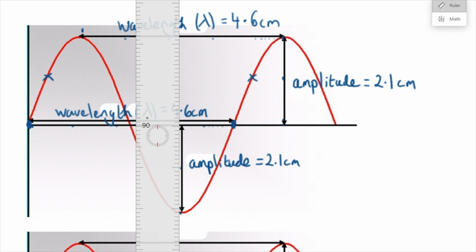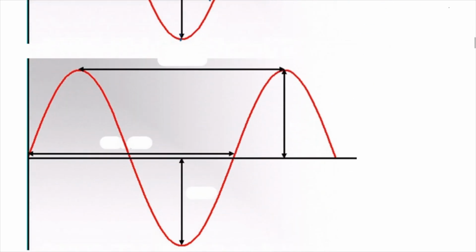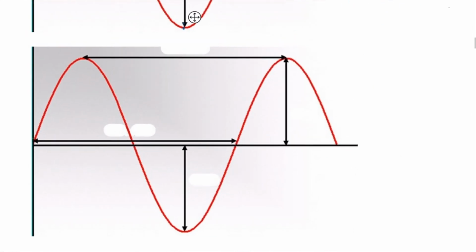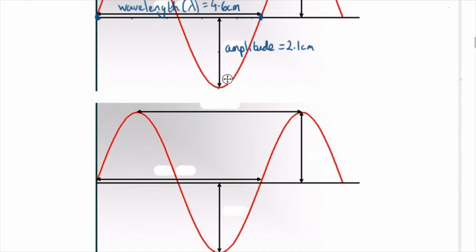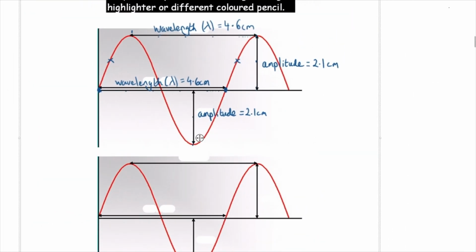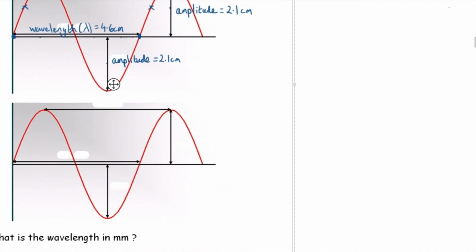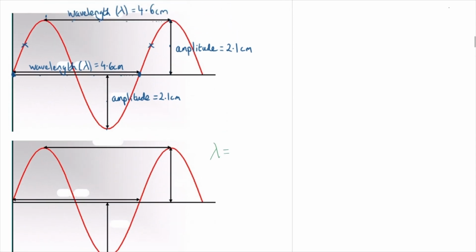What I'd like you to do now is, in the second diagram, draw a wave with a wavelength of, and I'll write it over here on the right hand side, 2.3 centimeters.